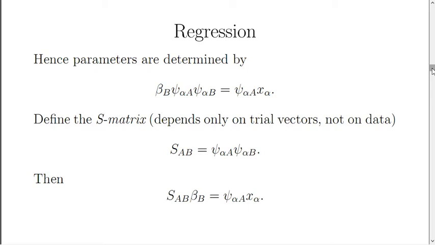So I can determine the S matrix as long as I know what the trial functions are and when the observations are taken, even if I don't actually know what the data values are. In fact, if I know what the trial functions are that I'm going to use, and I know the times at which I'm going to take data, I can determine the S matrix even before I've got any data, before I've done the experiment and taken any measurements.